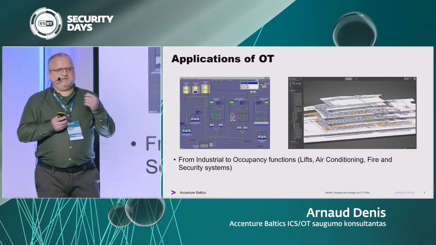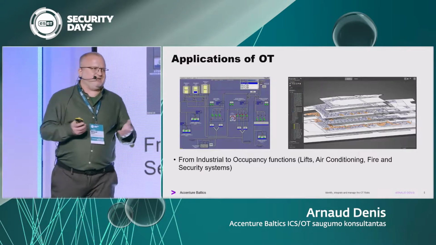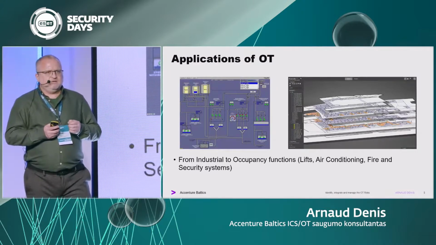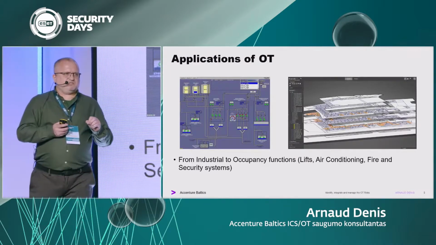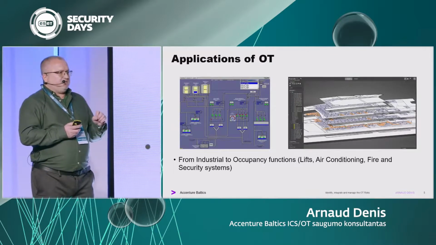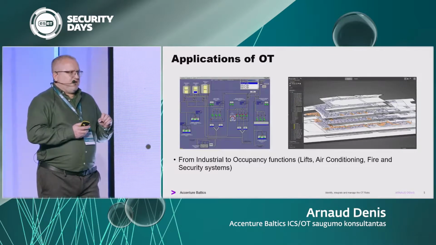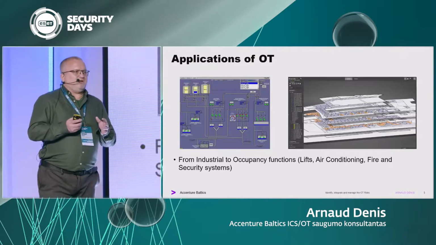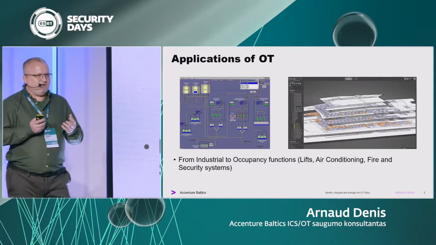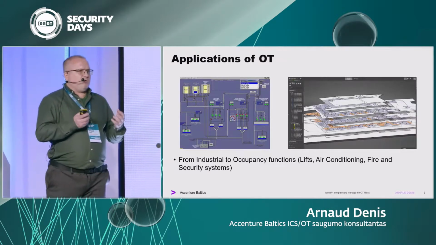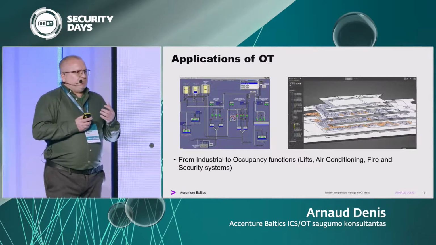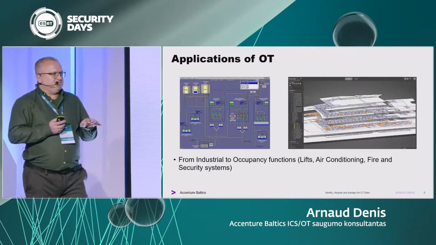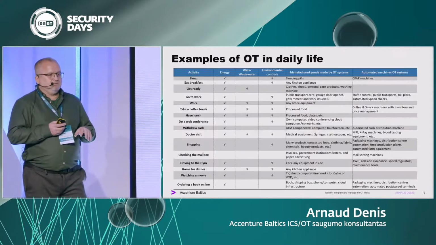And if you look at the looming, well, the existing energy crisis, you're going to see more and more building automation and building management systems. These are OT systems. They are controlling the physical world around you, in the space you're working in. And we don't really pay attention to them until we have issues with them.